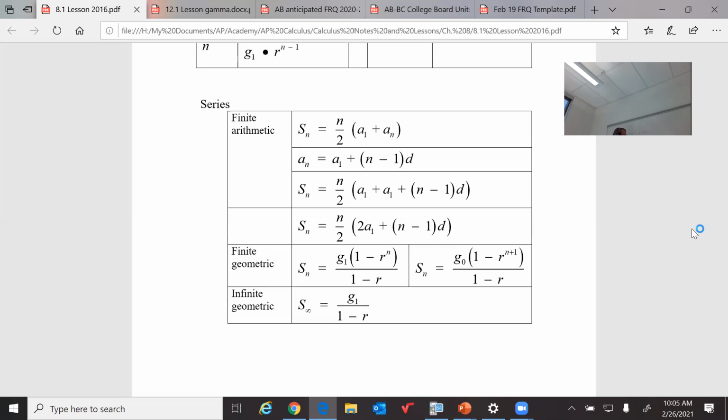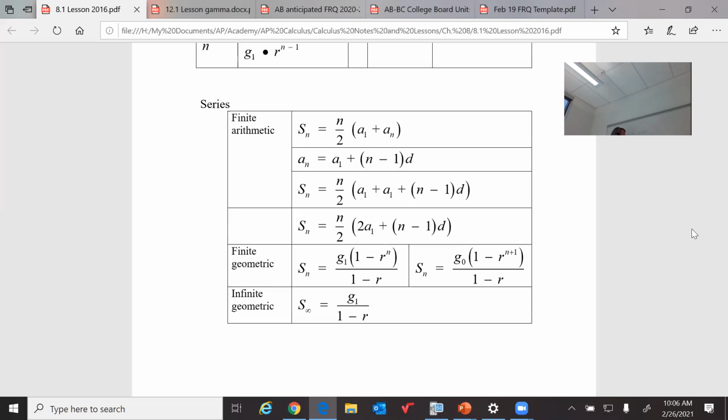If we multiply everything by an r, g sub n times r would be this number times r, g sub 1 times r, this number times r, g sub 1 r squared plus dot, dot, dot. What would happen if we subtract them? The first term would come down, everything would subtract to 0. We would have this last term here, which is g sub 1 times r to the n.